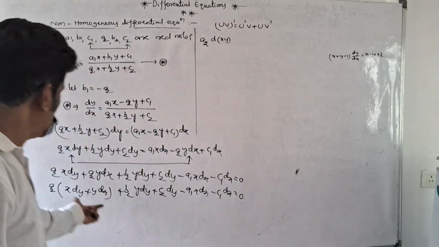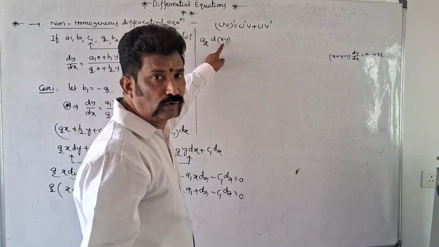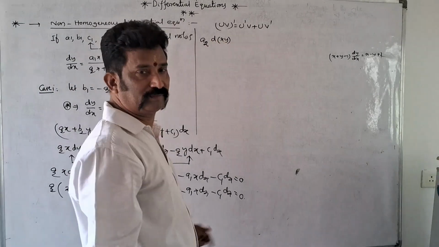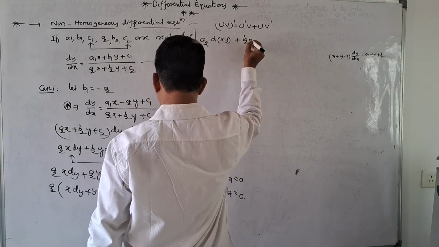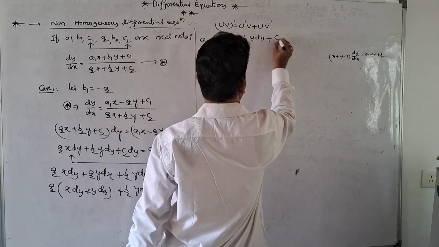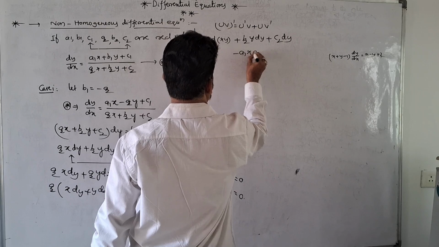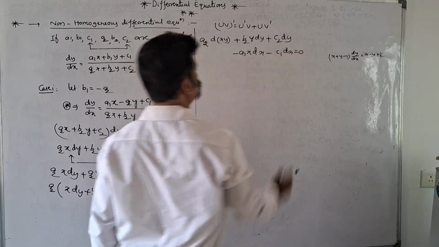This term x dy plus y dx can be written as the derivative of xy, that is dx into y plus x into dy. That's it. Plus b2y dy plus c2 dy minus a1x into dx minus c1 into dx is equal to 0.